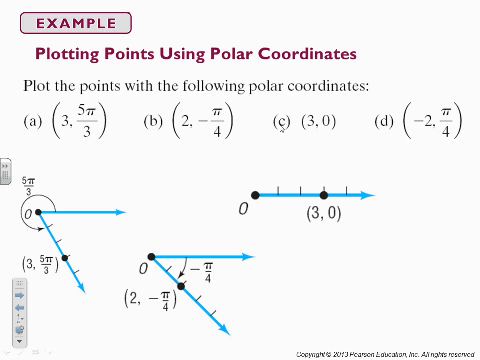Next we have a radius of 3 and an angle of 0. Angle of 0 is on the polar axis, and we just go out 3 units. And last but not least, we're going to go negative 2 for a radius and pi over 4. So we go up to pi over 4, and then we're going to go 2 units in the reverse direction.